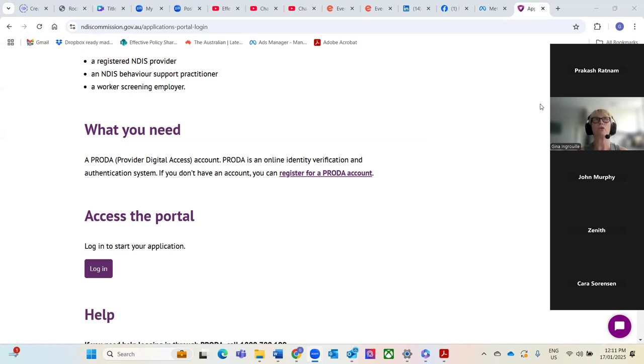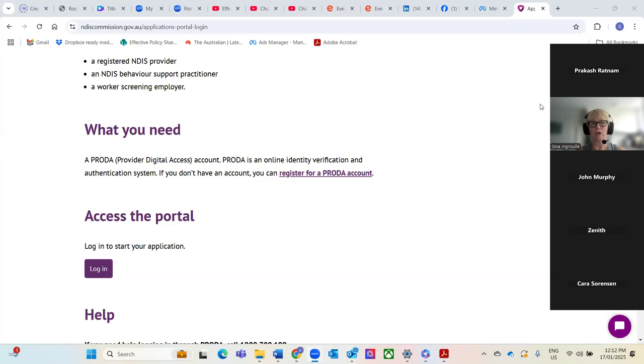If you know, for example, that when you go into the ATO's website, you have to go through a gateway, right? That gateway that you go through is similar to PRODA. PRODA is a gateway which identifies you, makes sure that we don't have 10 people accessing somebody's NDIS or NDIA account.